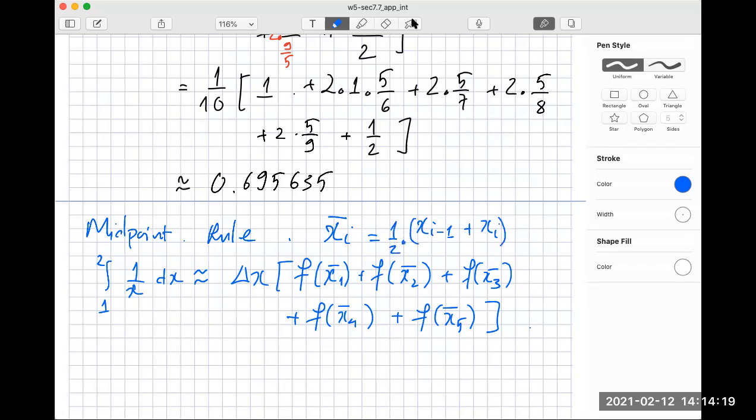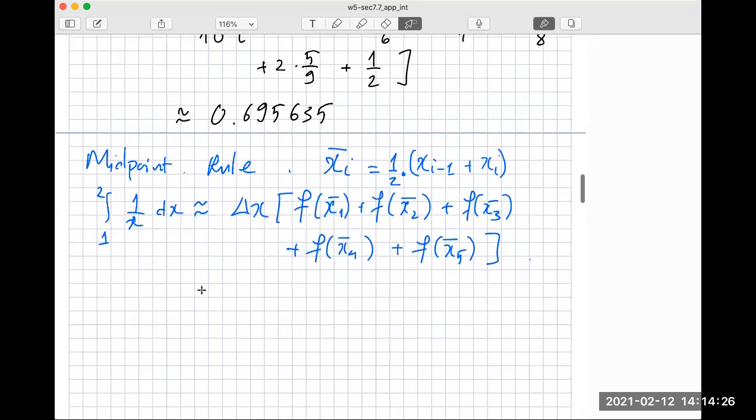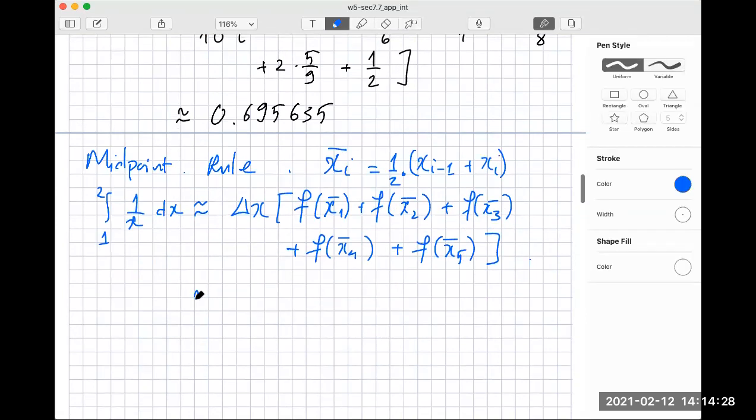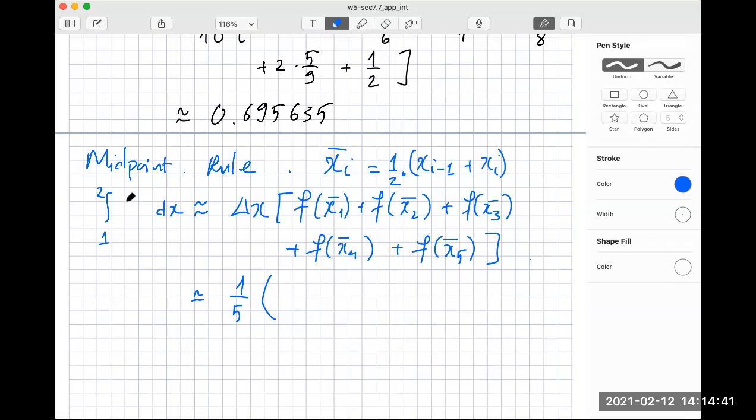Okay. The average of these two. Therefore, delta x is 1/5, right? f of x1, let me write it this way.